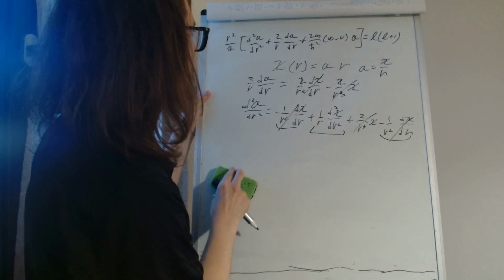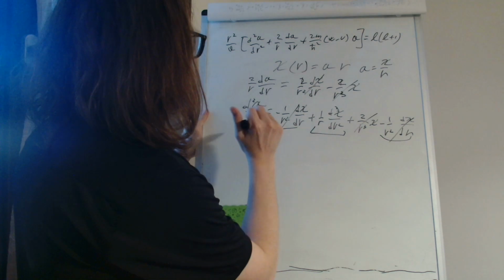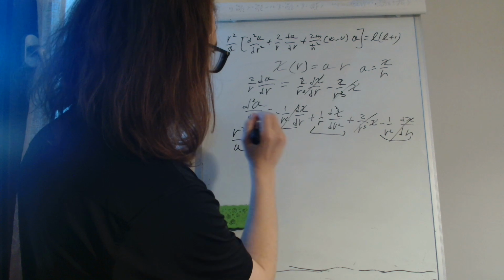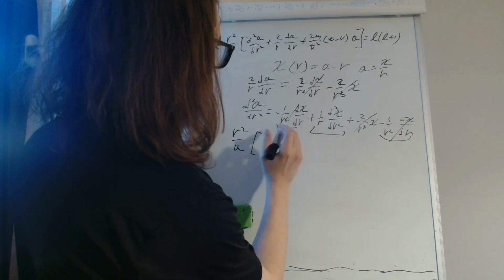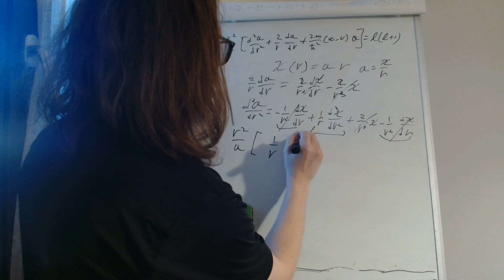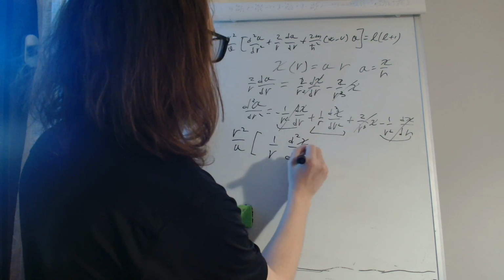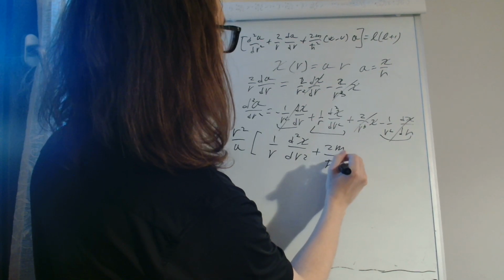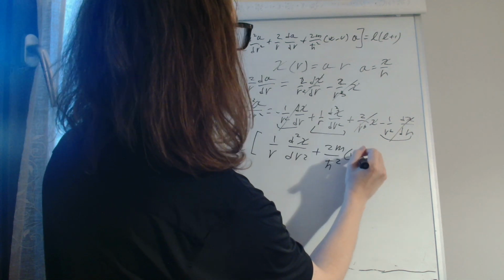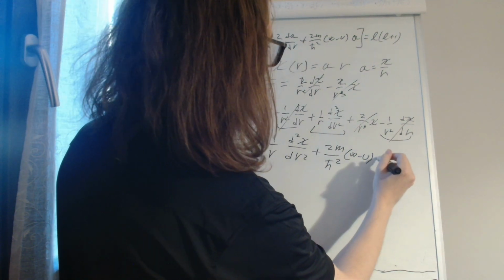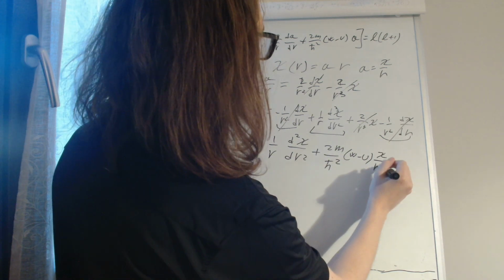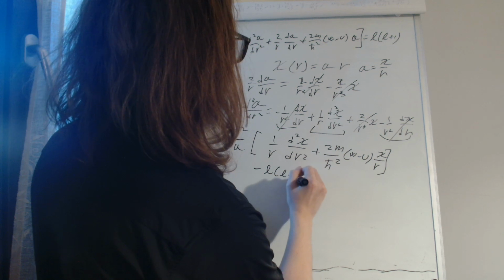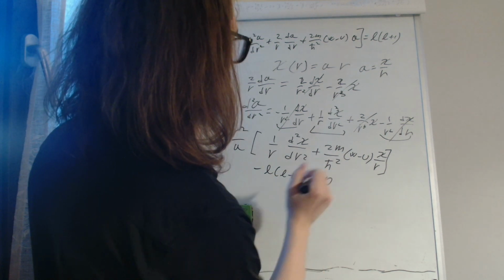So this is why we did that substitution, and we arrive at r squared divided by a times, we are left only with this, 1 over r d squared chi/dr squared plus the energy term W minus U chi divided by r, minus L times L plus 1 equals 0.